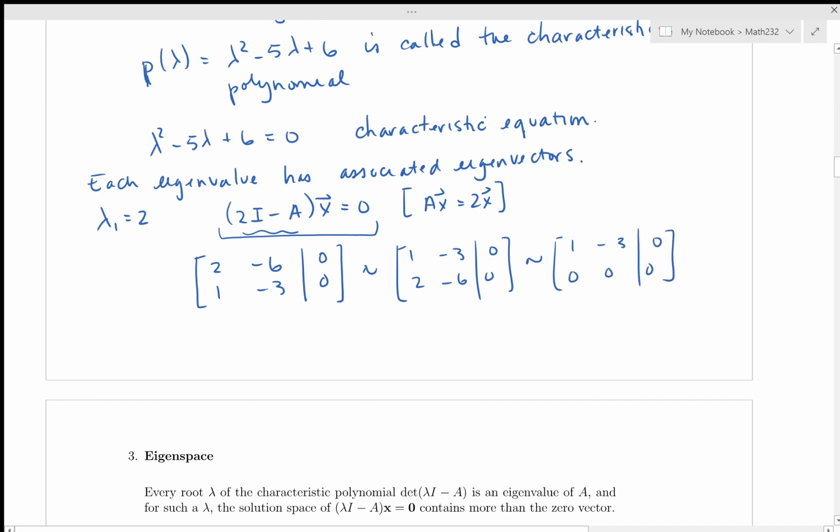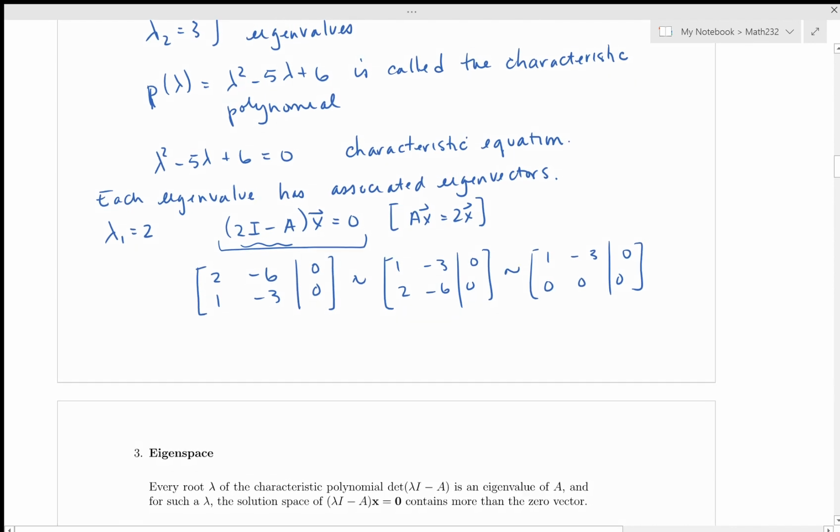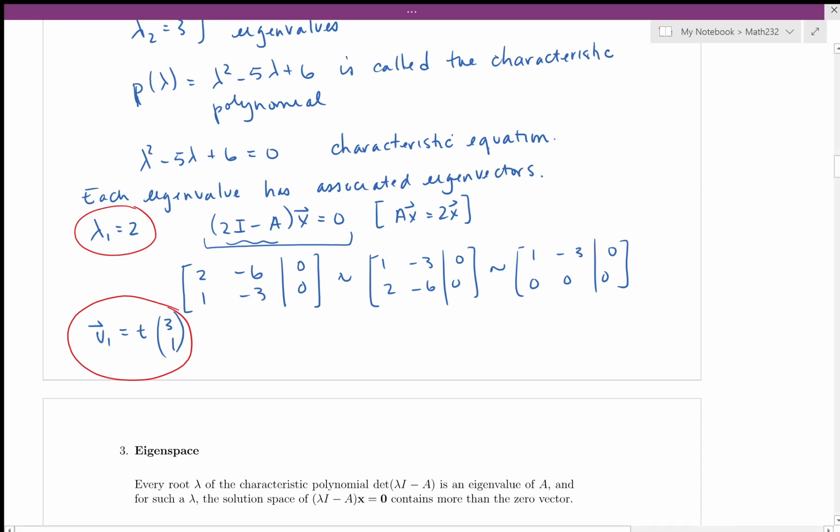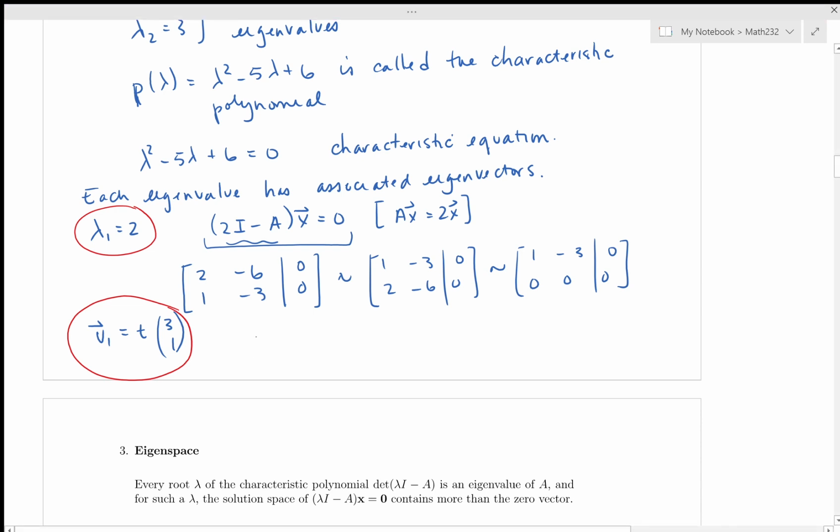Okay, and that leads me to the fact that v1, the eigenvectors associated with lambda 1, are these ones here. Okay, so let me just circle this: that is one of the two eigenvalues, and that is its associated eigenvector.